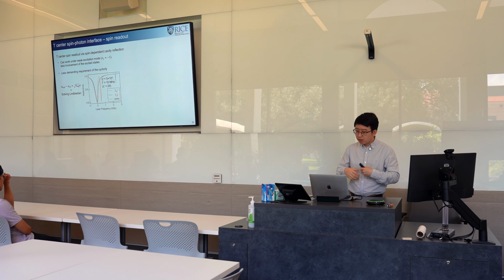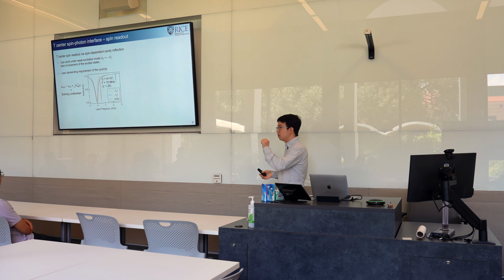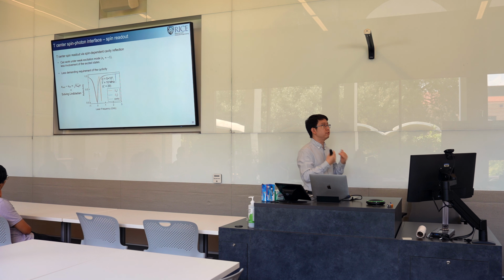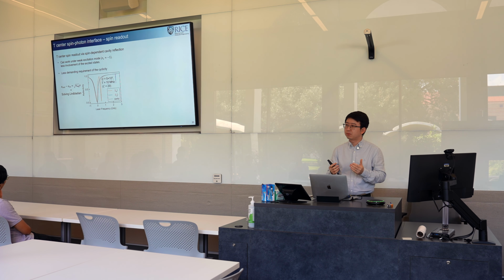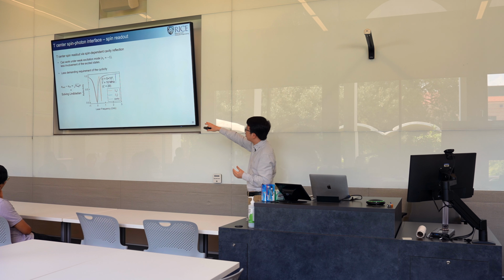One thing we can utilize is that if you can pick up a really strong interaction between the T-center spin and the cavity, you can reach a regime where the T-center spin state is able to affect the cavity reflection. In this plot you can see there's an orange and blue.